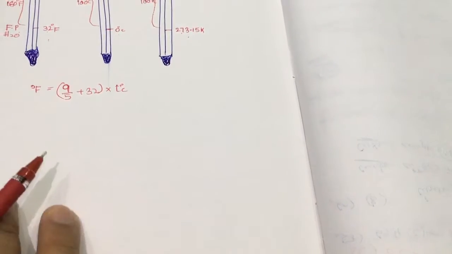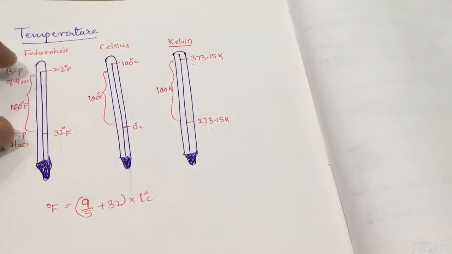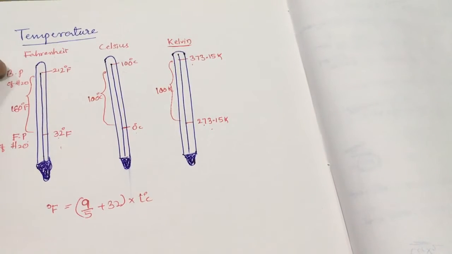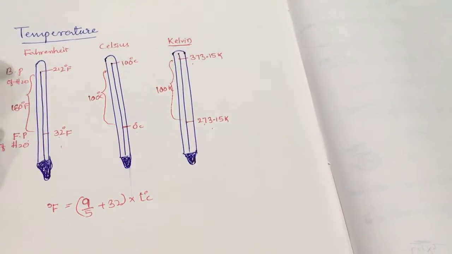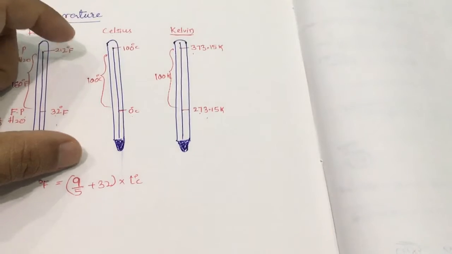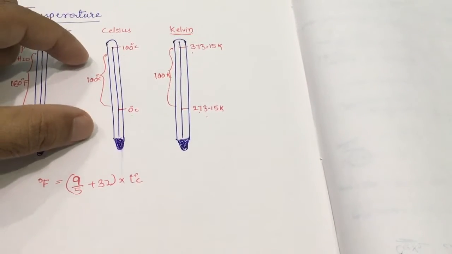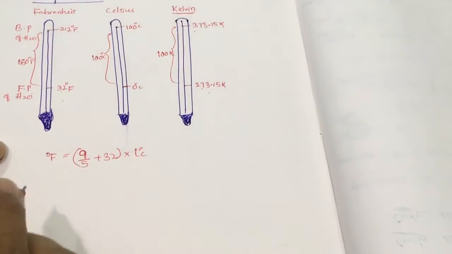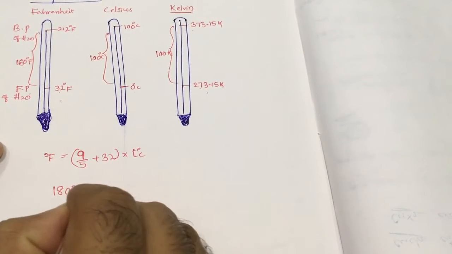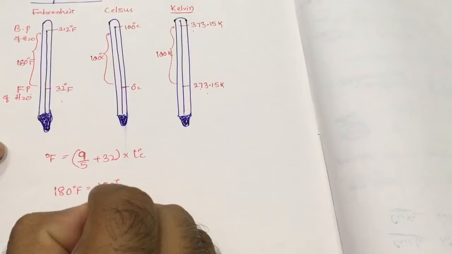Now we know the difference in degree Fahrenheit between 212, the water boiling point, and 32, the water freezing point, is 180, and the difference in degree Celsius is 100. So 180 degree Fahrenheit is equal to 100 degree Celsius.